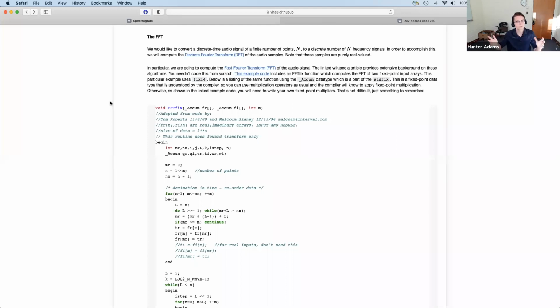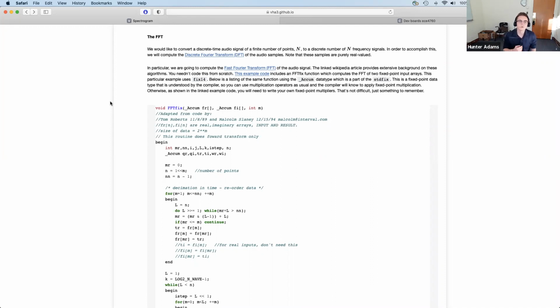We'll talk in a moment about why that length makes sense, but you'll gather 512 samples from the analog to digital converter, and you will pass that array of samples to an FFT function. What the FFT function is going to do is transform that time domain signal into a frequency domain signal. It's going to compute the FFT of the samples that you sent it.